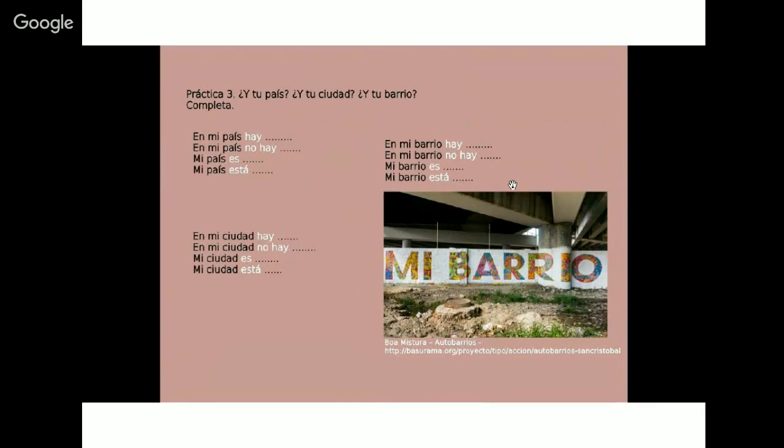So it's located in the center. Muy bien. ¿Y mi barrio es? I don't know. My neighborhood is quiet, it's noisy, it's... Mi barrio es tranquilo. Ajá, mi barrio es tranquilo. Ok, perfecto.